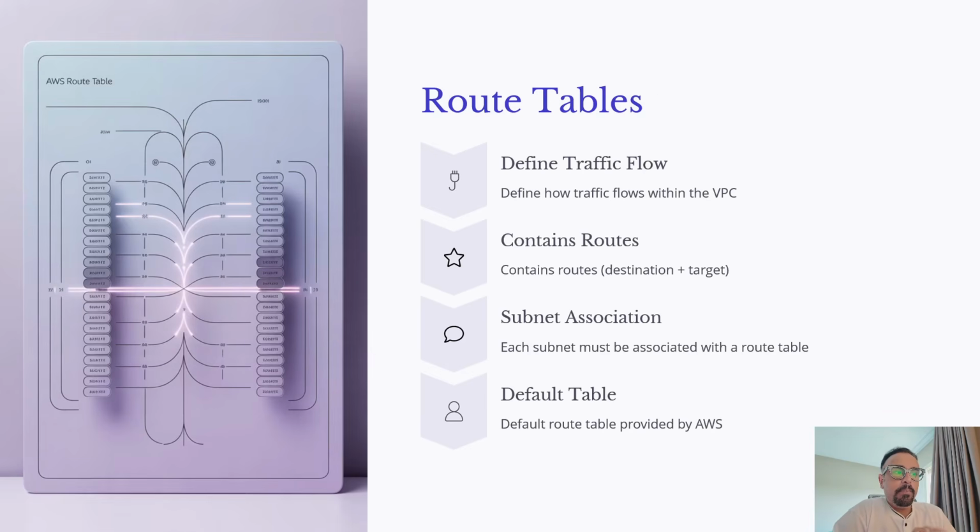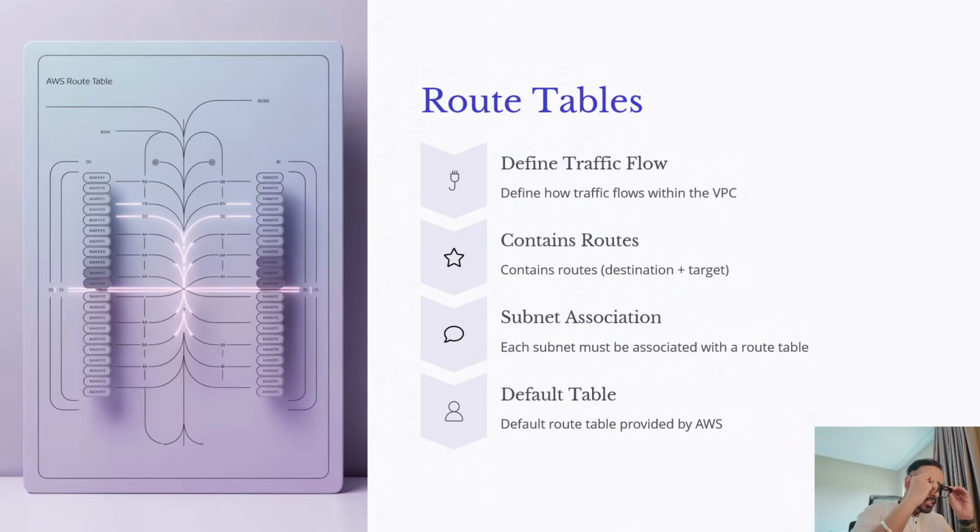Every subnet must be associated with a route table. This association decides whether the traffic from that subnet is allowed to go or not. By default, AWS gives you a main route table, but you can create custom ones to design your own traffic rules. So route tables are the navigation of your VPC, making sure your data always takes the right path.